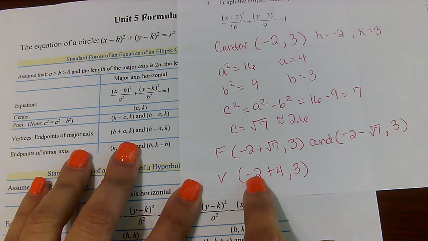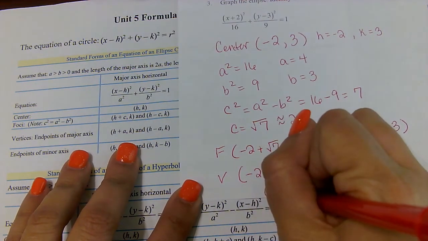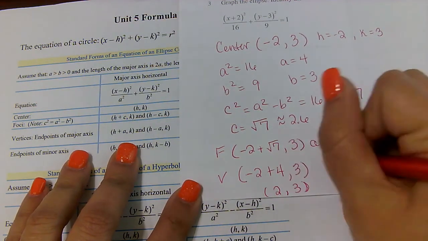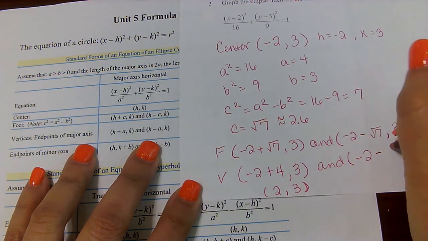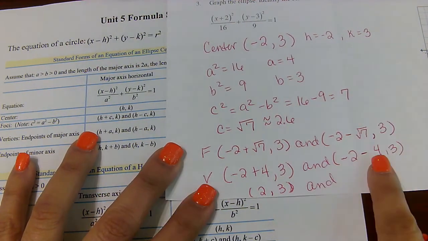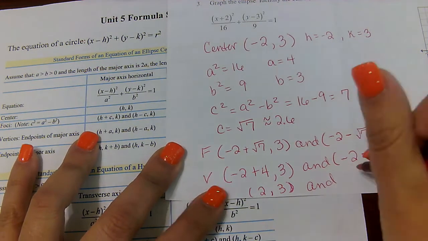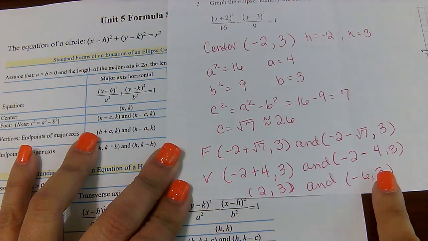So we can say negative 2 plus 4 is the same thing as 2. So here I have 2, 3, and h, which is negative 2, minus 4, which is a, comma 3. Then use your calculator if you need to, but here you'll get negative 6, 3. So these are going to be our two vertices.